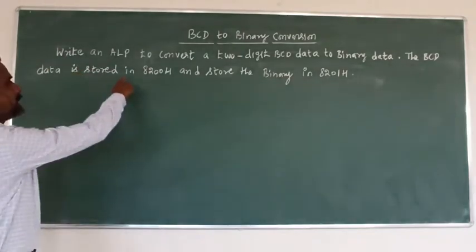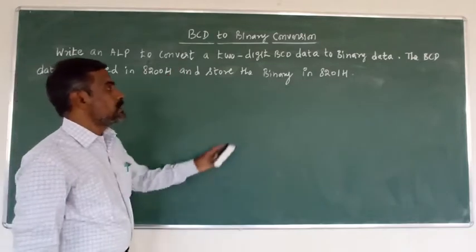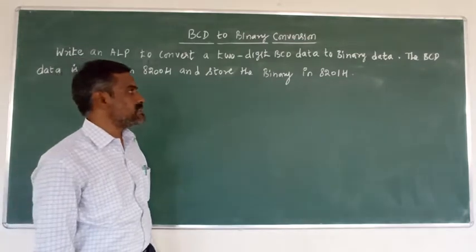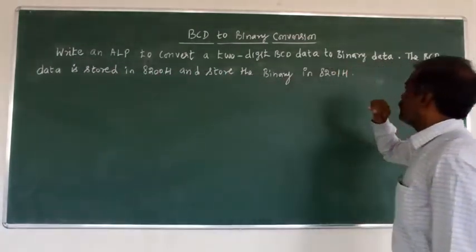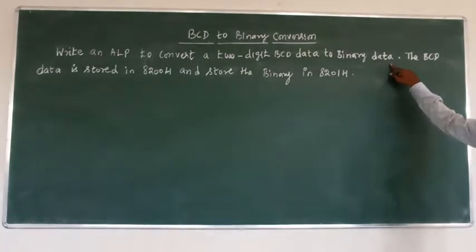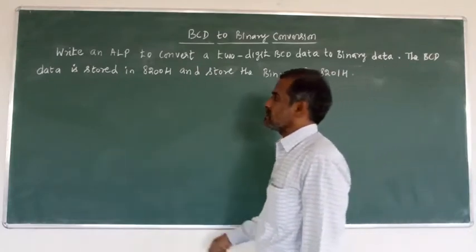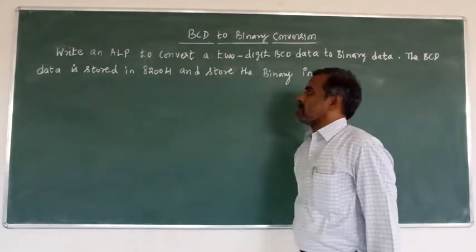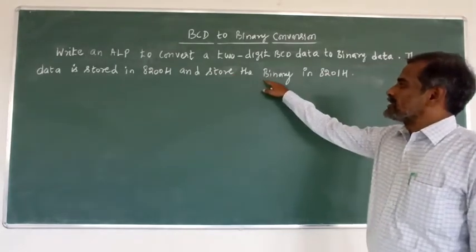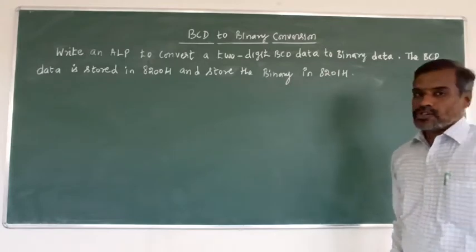Write an assembly language program to convert a 2-digit BCD data to binary data. The BCD data is stored in 8200 and the binary result is to be stored in 8201.